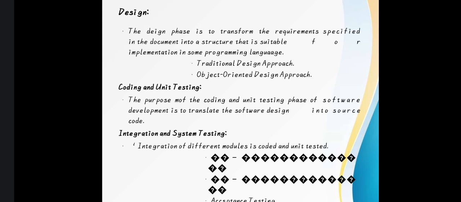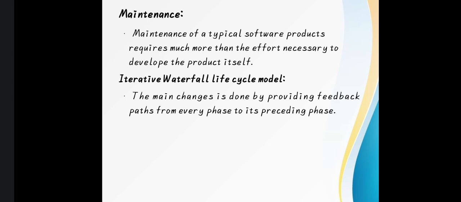The purpose of the coding and unit testing phase of software development is to translate the software design into source code. Integration and system testing: integration of system modules that are coded and unit tested. Maintenance. Maintenance of a typical software product requires much more effort than is necessary to develop the product itself.